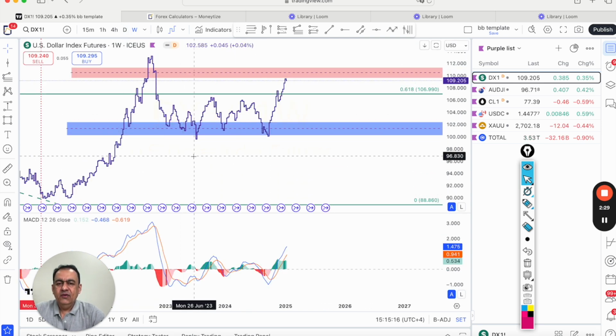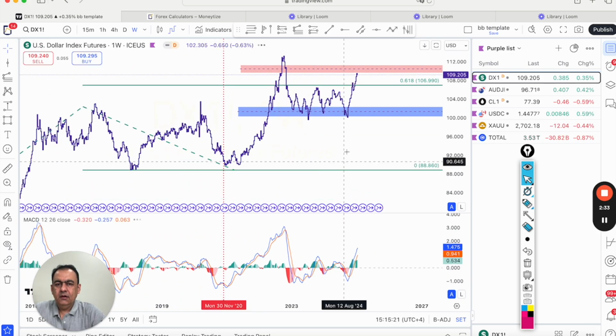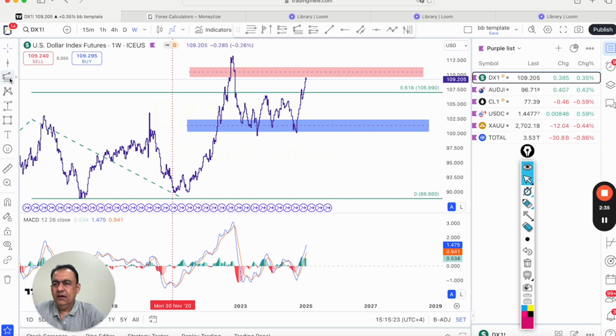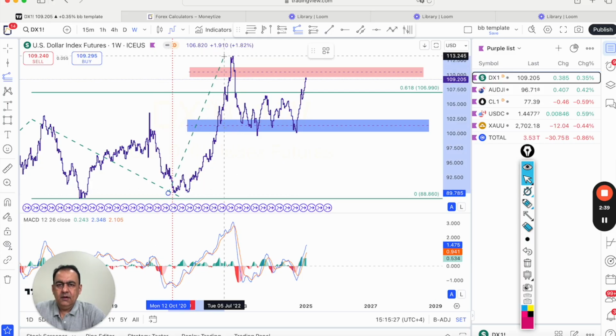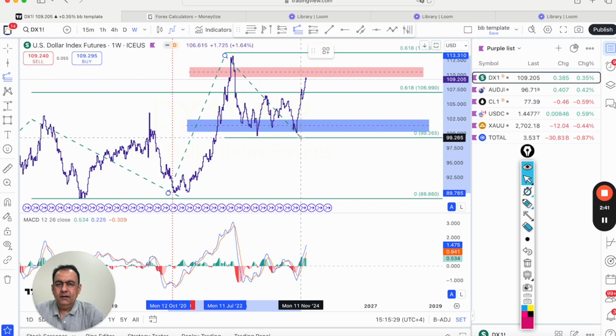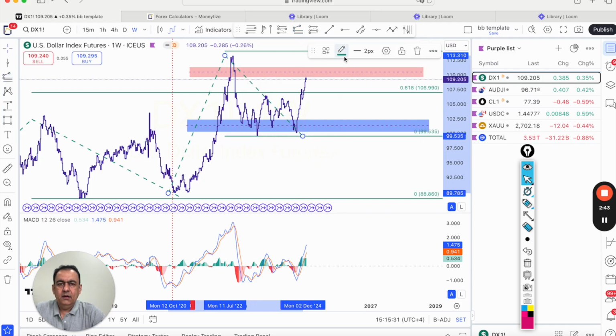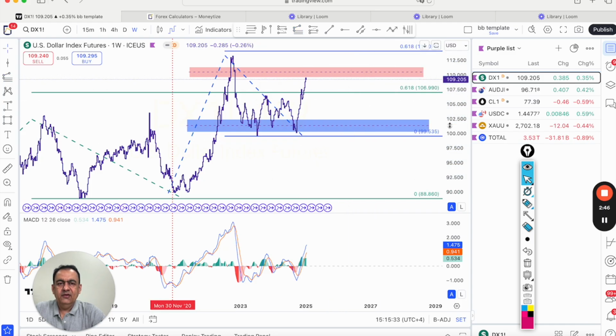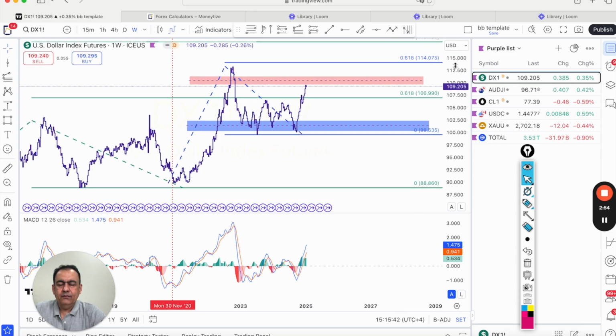Now, based on weekly, I'm gonna apply the next Fib extension on the latest bullish cycle. So I'll start from the lowest point, I'll connect to the high and the higher low. Let's change the color of Fib extensions. Now, based on the latest weekly Fib extension, dollar index should reach 114.07.